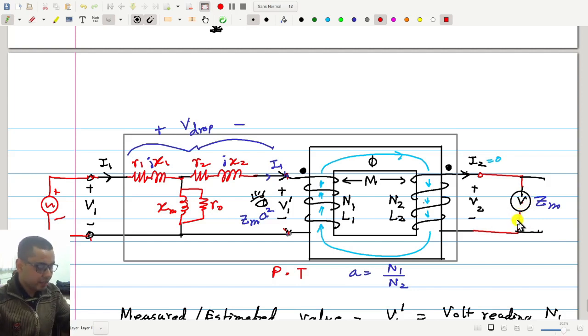Although we may not be looking at the scale and reading the value, that relay is also measuring the voltage, and if it goes beyond the acceptable limit, it switches off the power.